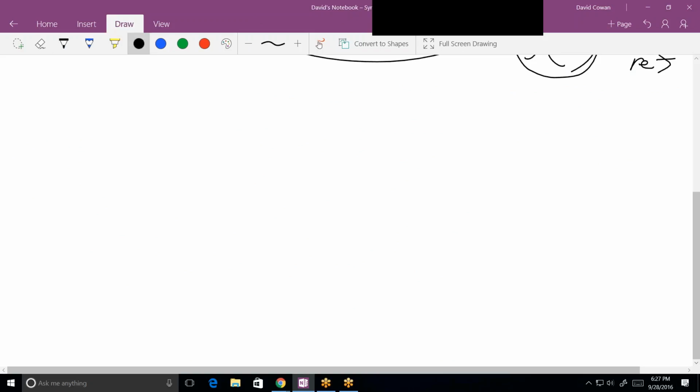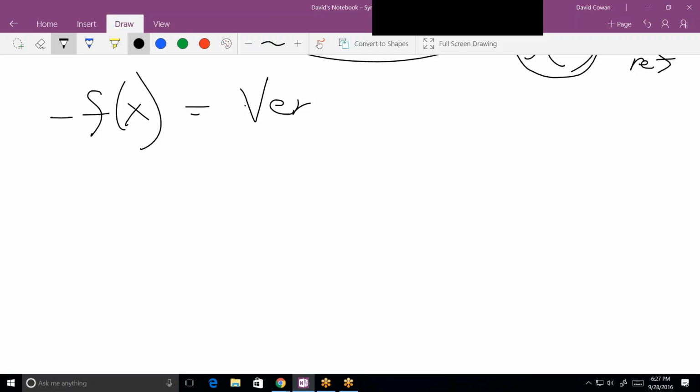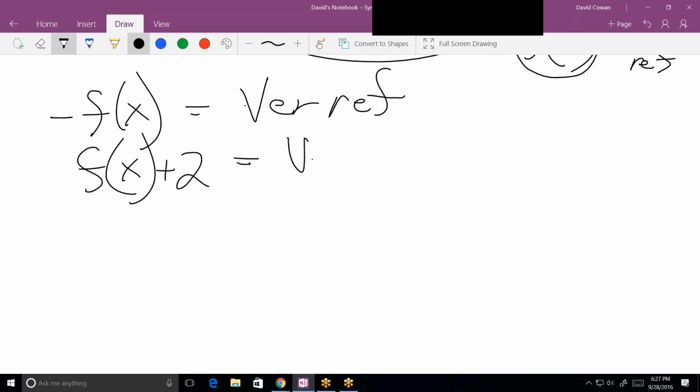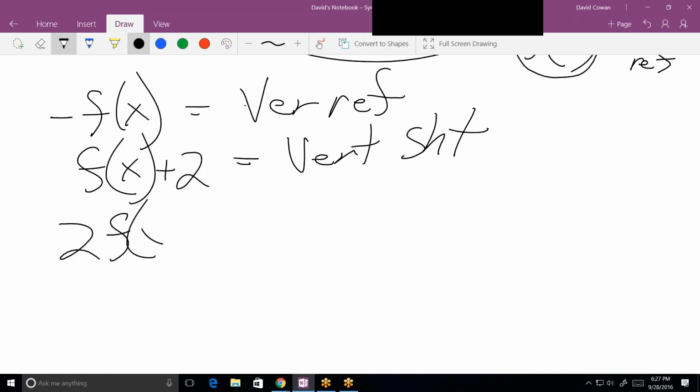In other words, outside the function, vertical reflection. Outside the function, vertical shift. Multiplied, which is outside the function, vertical stretch.